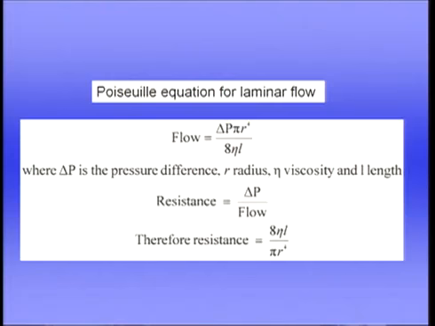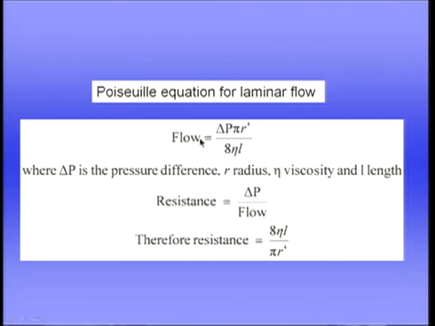Now, the principles of laminar flow were worked out, oddly enough, by a French physician called Poiseuille. He was very interested in blood flow through blood vessels, and he became so interested in that he began to work on the fluid dynamics of flow, and he put out this equation, the Poiseuille equation for laminar flow, which is very important.